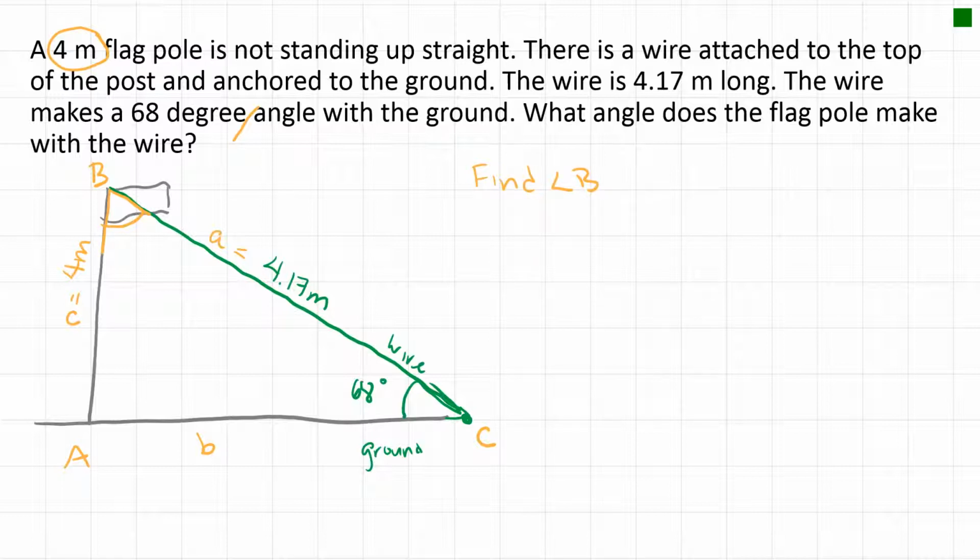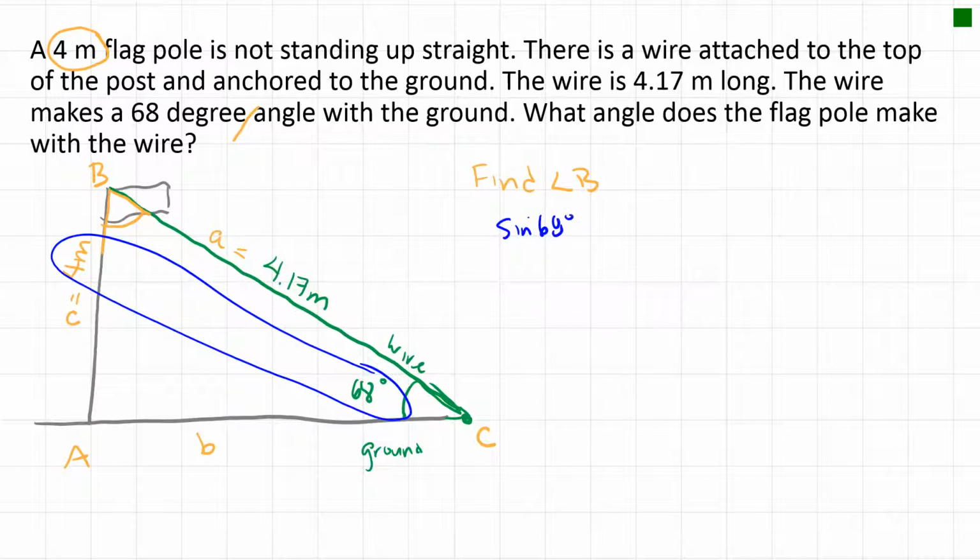And I do not have a right angle triangle, so that means I need to use the sine law or the cosine law. I have an angle and its opposite side, so I'm going to be using the sine law. So the sine of 68 degrees over 4 is going to equal the sine of B, which is my unknown angle, over little b.